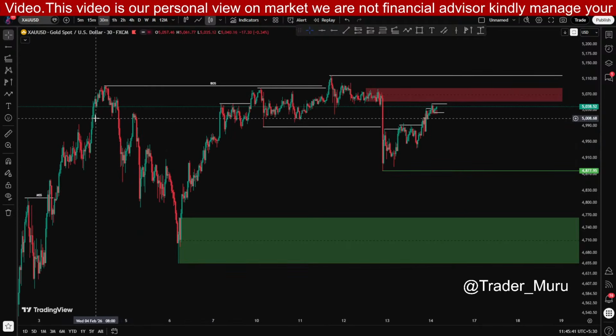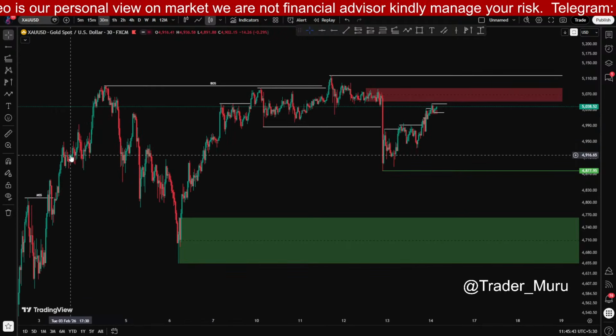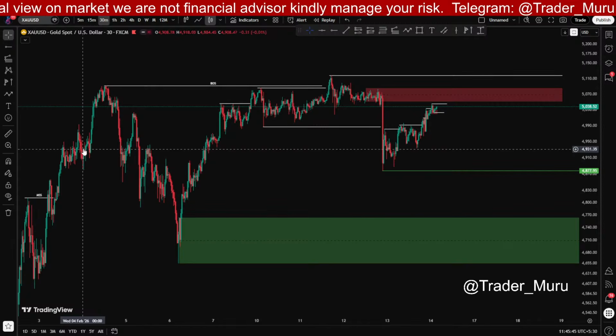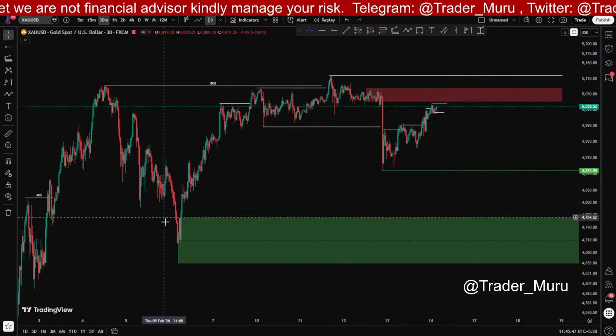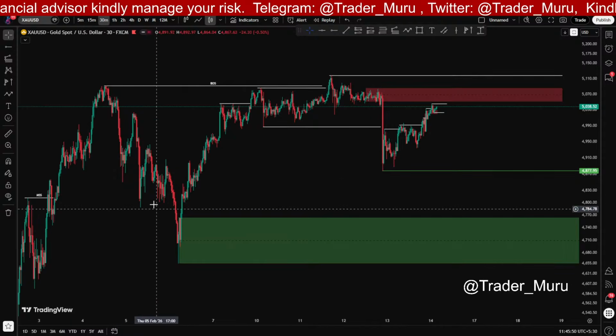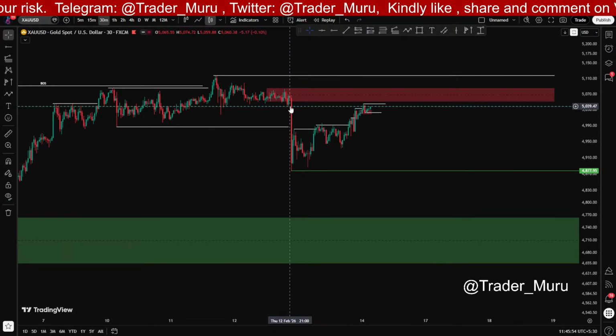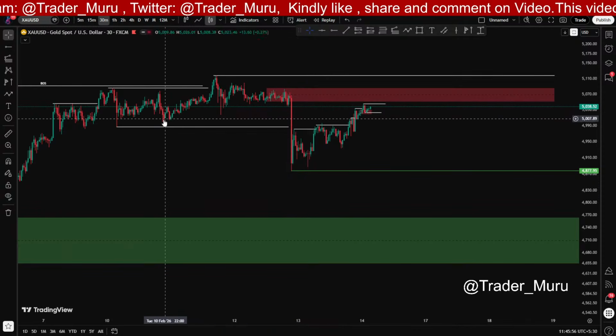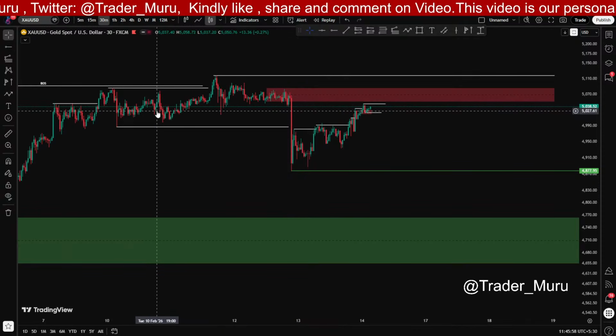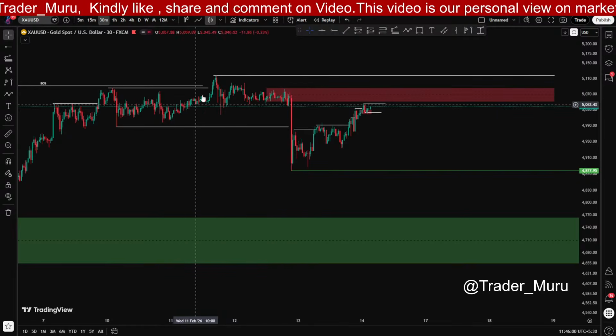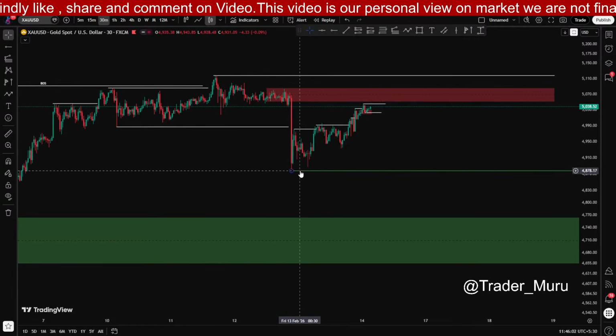So they started adding short from here. Okay, then we have this high drop. Now on the 10th of February they are adding more shorts. From here they are adding more shorts, and this is a possible drop for it.